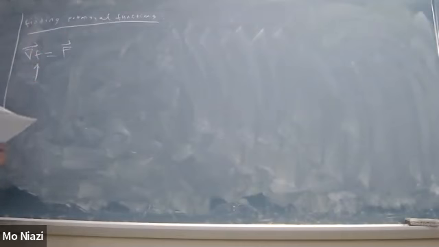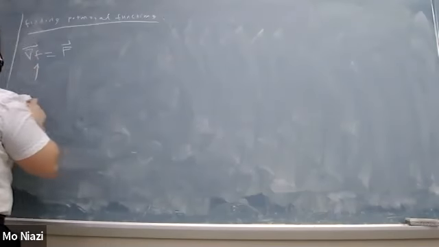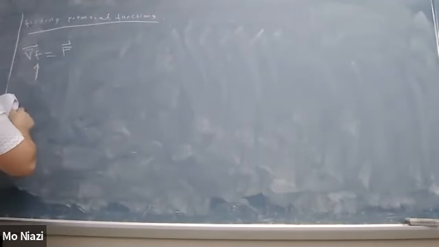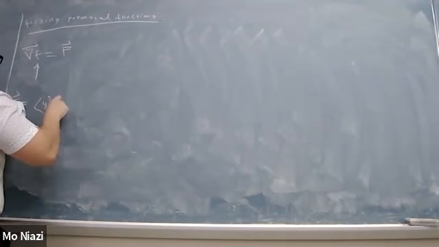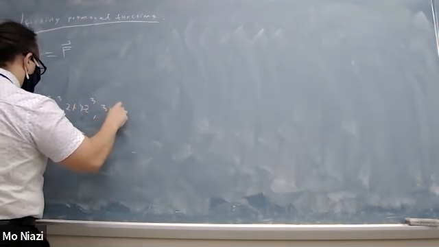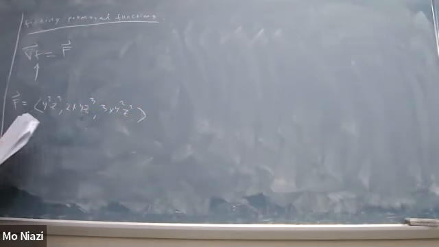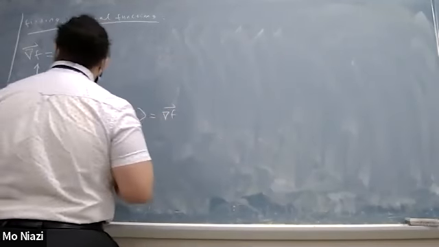So how do we find it in general? Okay, let's use the old vector field that we showed was conservative. We showed that this is equal to a conservative vector field. So by definition, that means this is equal to the gradient of some f.